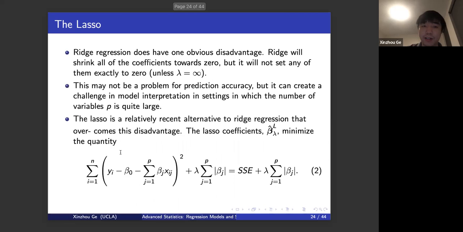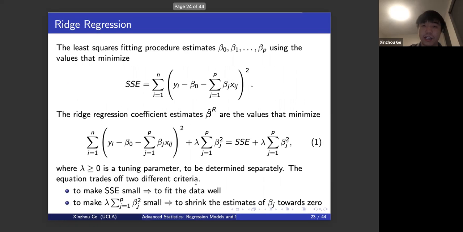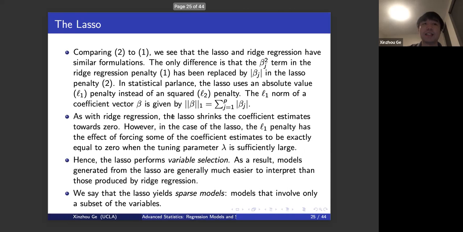So if we compare the target functions for ridge regression and lasso regression, you can see that they have similar formulations, and the only difference is that the beta j squared term, the ridge regression penalty, has been replaced by the absolute value of beta j in the lasso penalty.